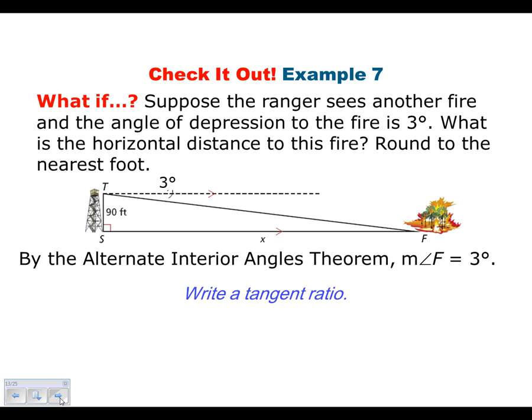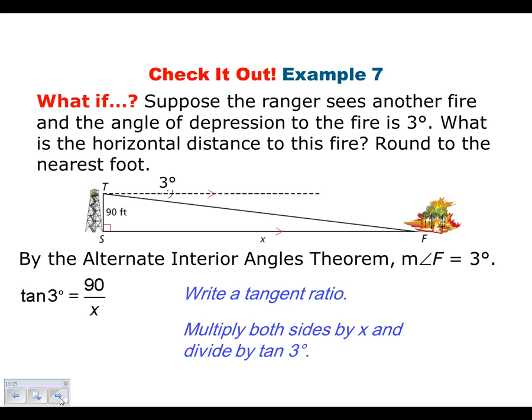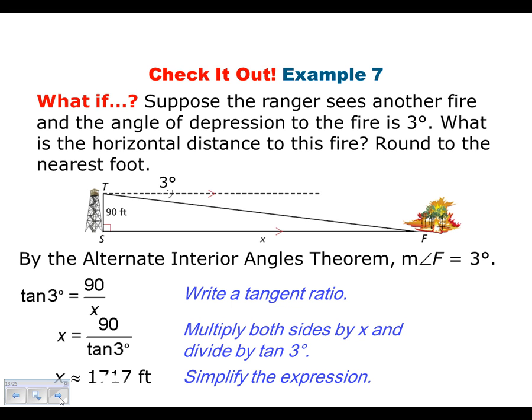Then by writing the tangent ratio, we have tan 3 equals 90 over x. Multiplying both sides by x and dividing by tan 3, we have x equals 90 over tan 3. Simplifying the expression, we have x equals 1,717 feet.